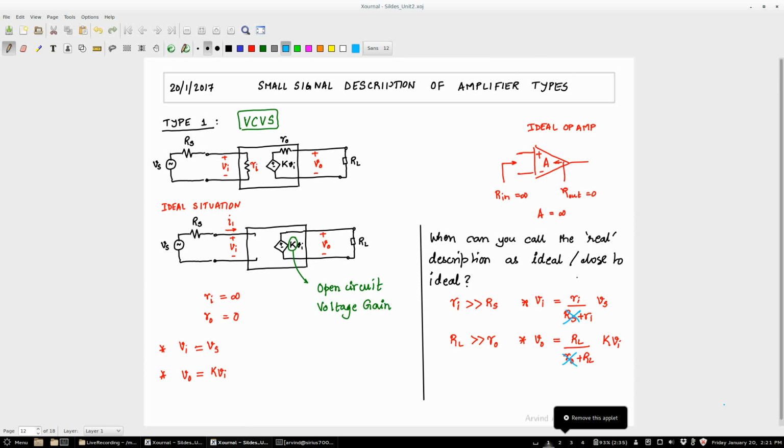Okay. Let's now go to another type and then it will become clear why I am saying this. Okay. Just to complete this, in this particular case of RL being much greater than R0, you can actually drop R0. Okay.